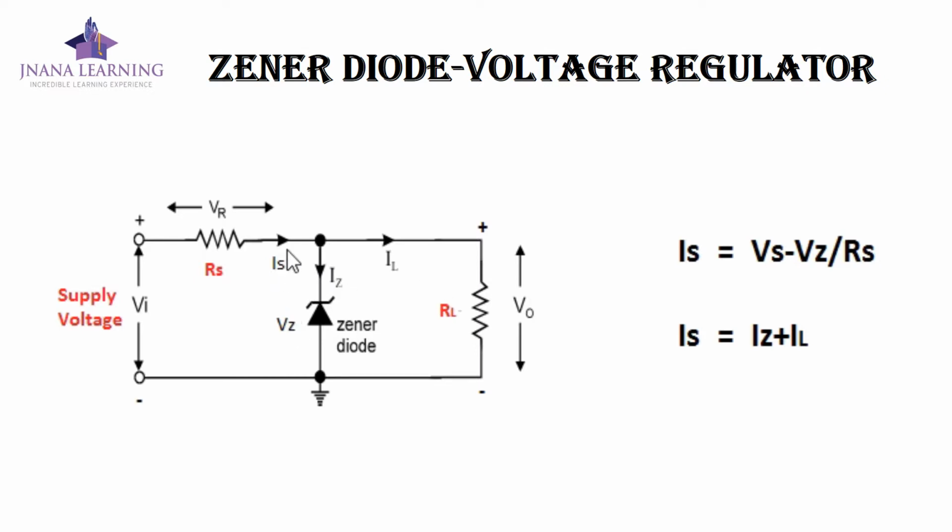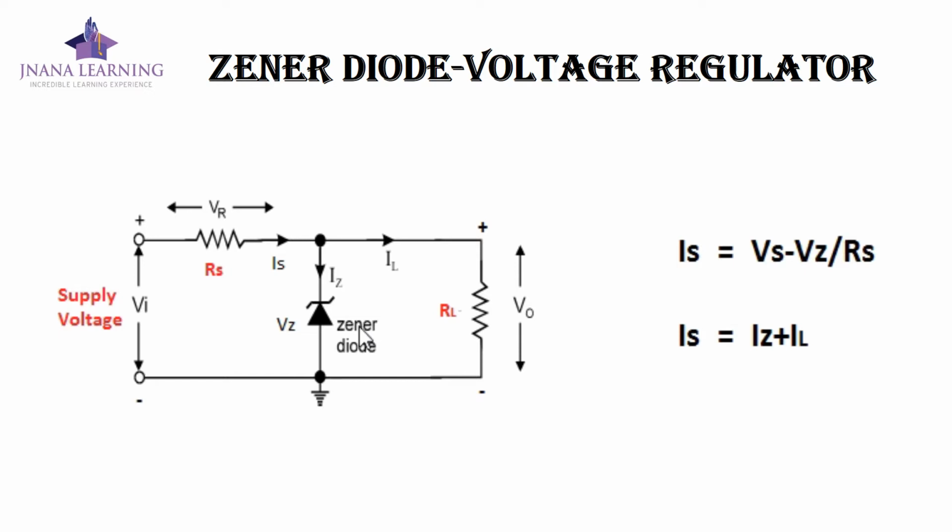Then when the supply voltage increases, the current through both the Zener diode and load resistor increases, and at the same time the Zener diode resistance decreases and the current through the diode increases more than proportionally. As a result, a greater voltage drop will occur across the series resistor Rs, and the output voltage will become very close to the original value. That is, a Zener diode can maintain the output voltage within a fraction of a volt when the supply or the input voltage may vary over a range of several values.